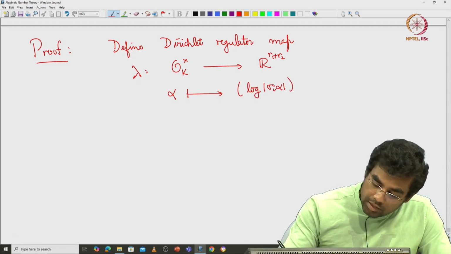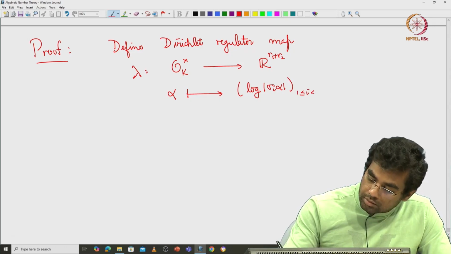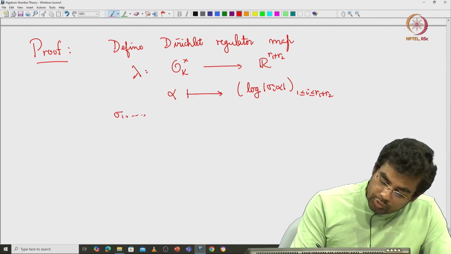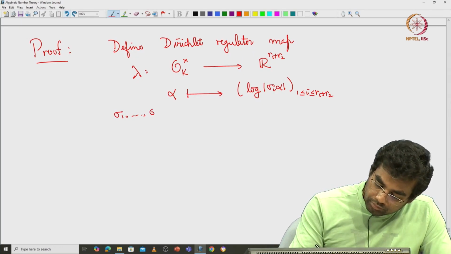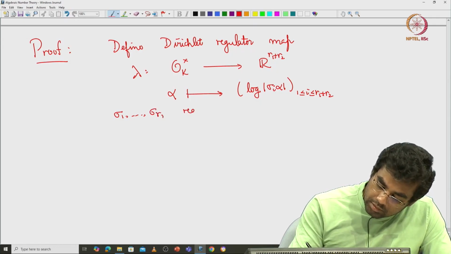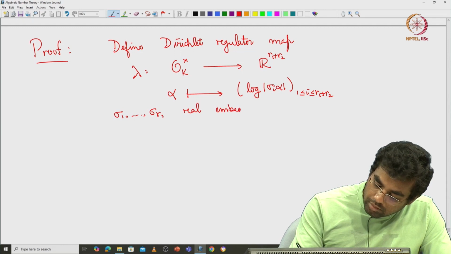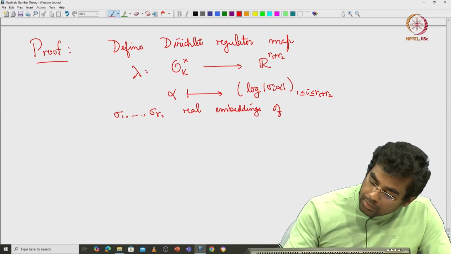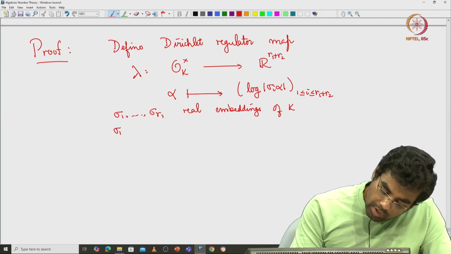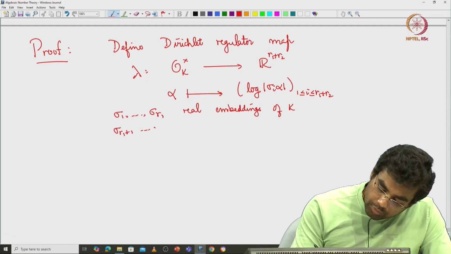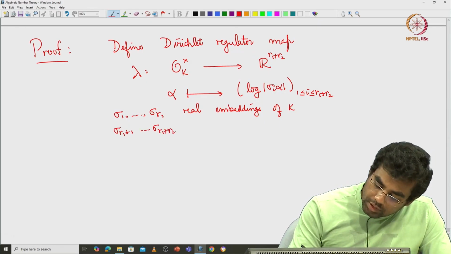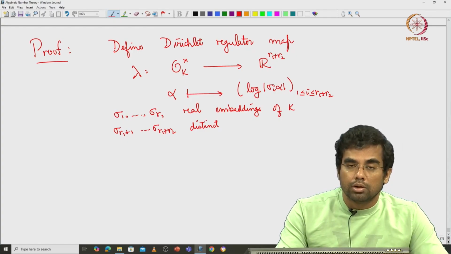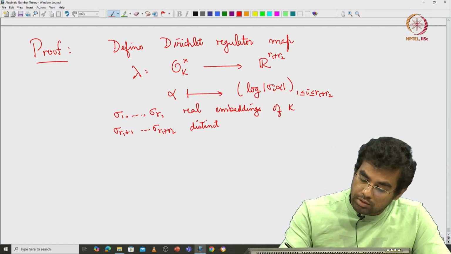So, let me remind you what sigma_i is. Sigma 1 up to sigma R1, these are real embeddings of K, and then sigma R1 plus 1 up to sigma R1 plus R2, these are distinct complex embeddings. So, pairwise they are not complex conjugations of each other.